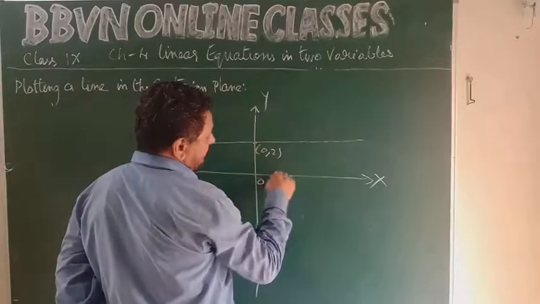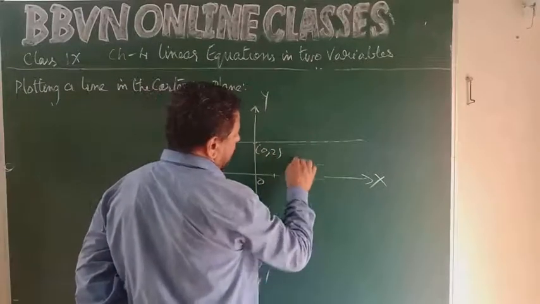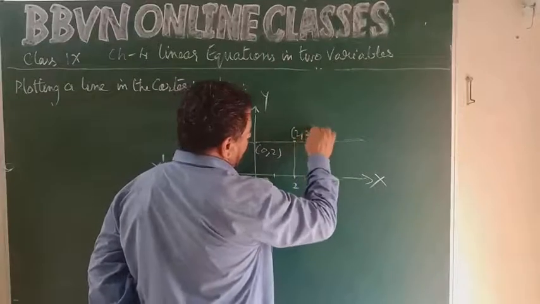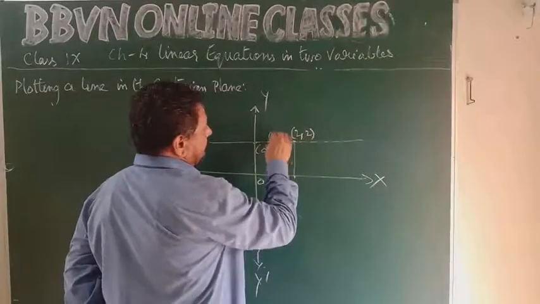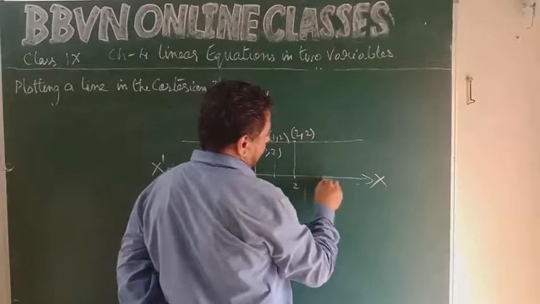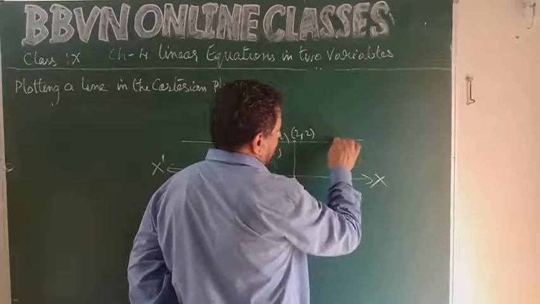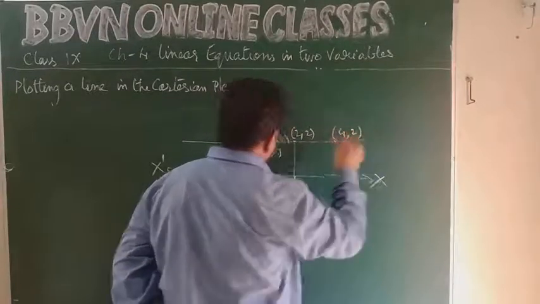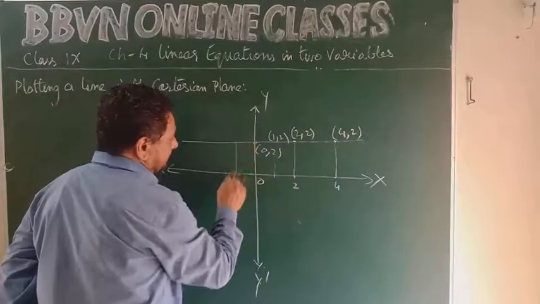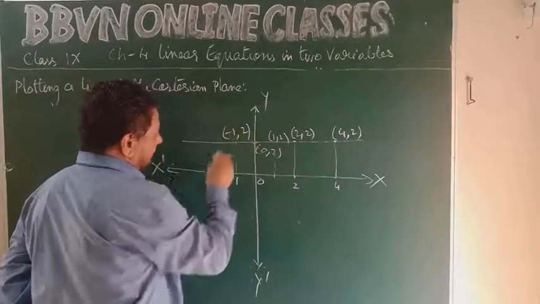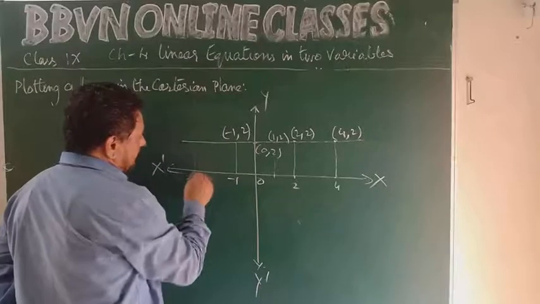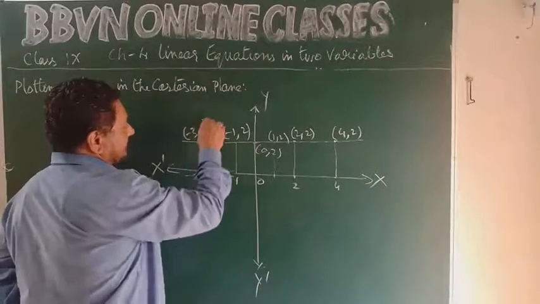Say this is 1, 2. This point is 2, 2. If I take x equal to say 4, this point is 4, 2. X is minus 1, so this point is minus 1, 2. Say x is minus 3, this point is minus 3, 2.